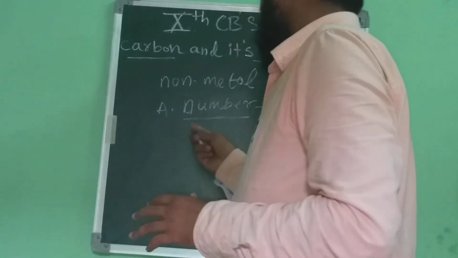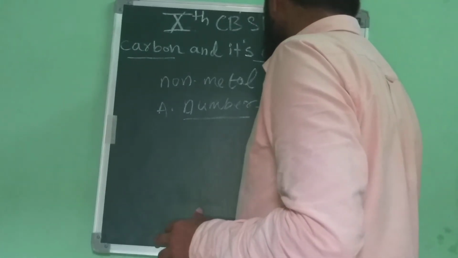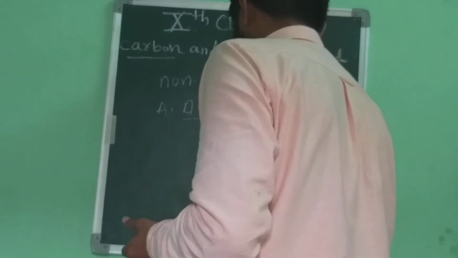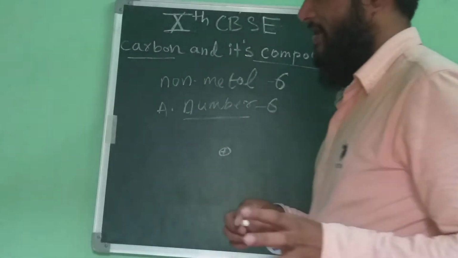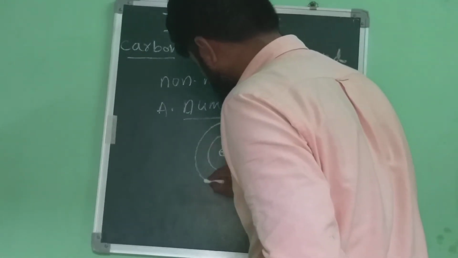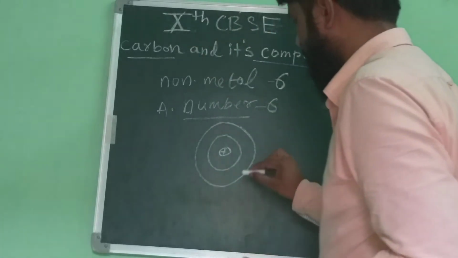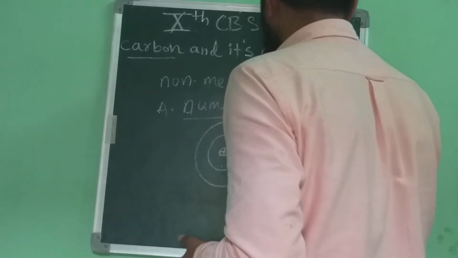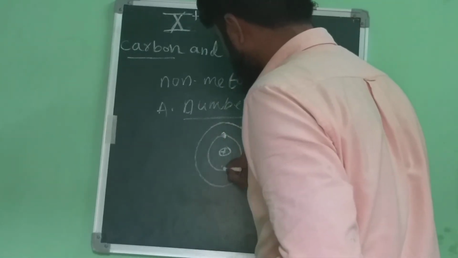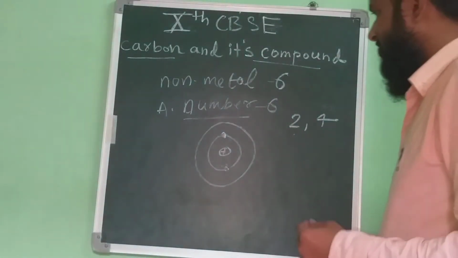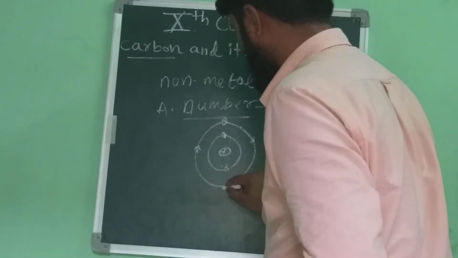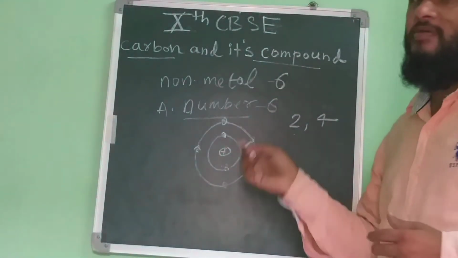Now its atomic number is 6, so carbon has 6 protons, and 2 shells. In the first shell there are 2 electrons, and in the second shell there are 4 electrons. These are the 4 electrons in the outer second shell.